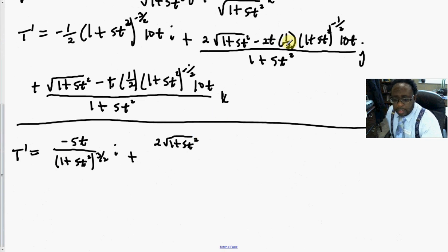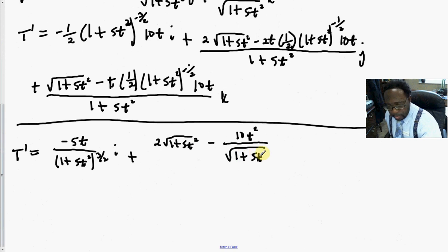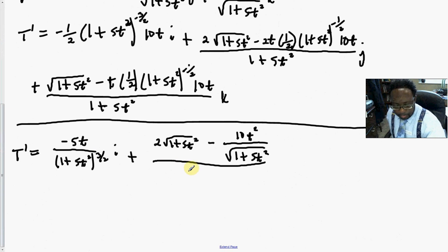See, 2 divided by 2 cancels out. t times t is t squared, and that's 10t squared, so minus 10t squared, and this term here just drops downstairs, and it's the square root of 1 plus 5t squared. That's over 1 plus 5t squared, and that's for j.